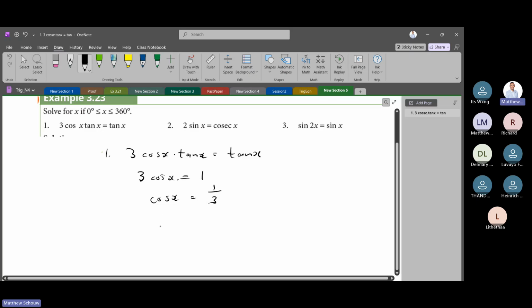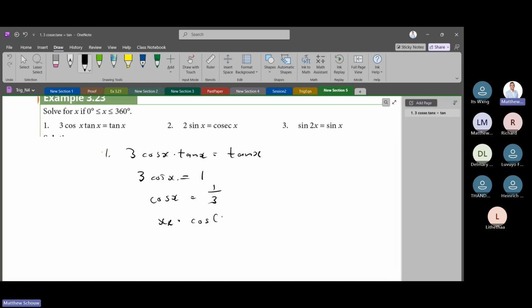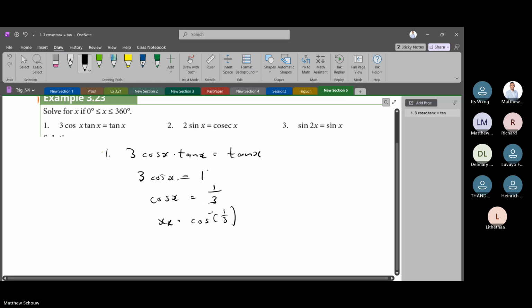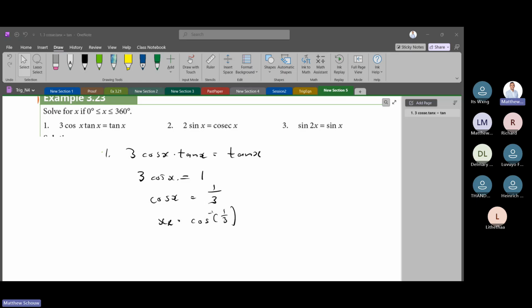So first I get my reference angle, and that will be cos inverse of 1/3. Let me just work it out quickly. You should get 70.55 degrees.